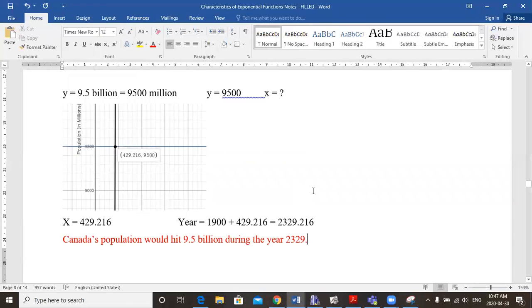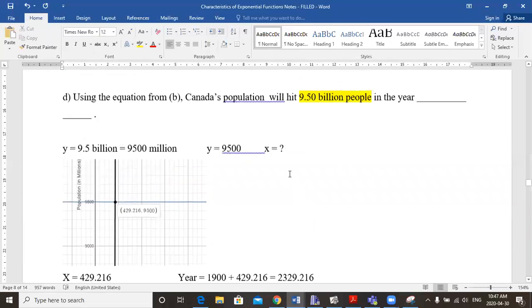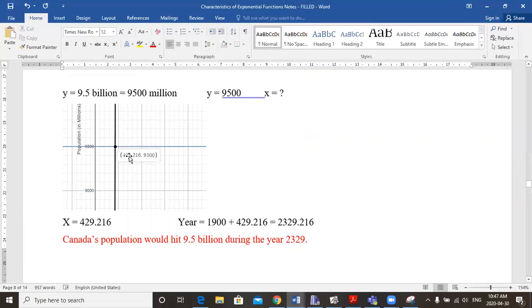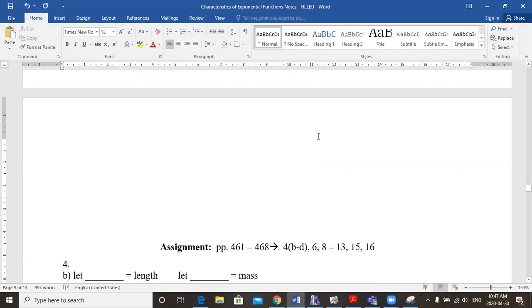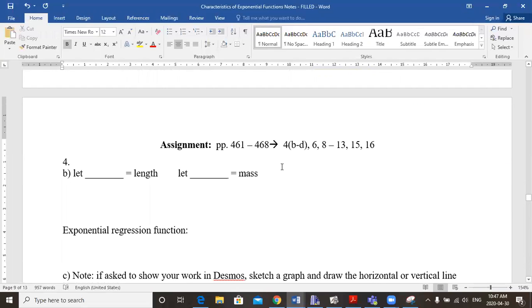And so this is an example of using a Desmos model, an exponential model to solve for an x value if we were given a y value. So that summarizes the first example of doing regressions when you are given a data table.